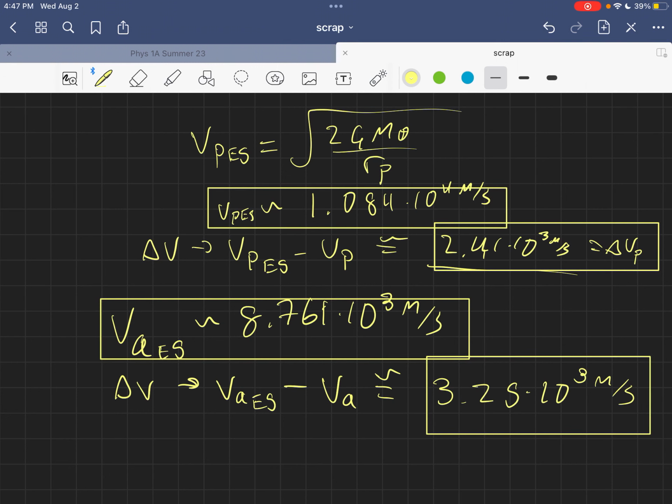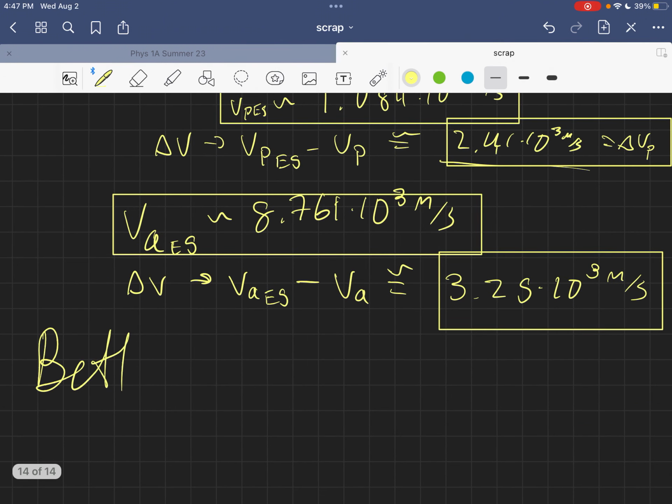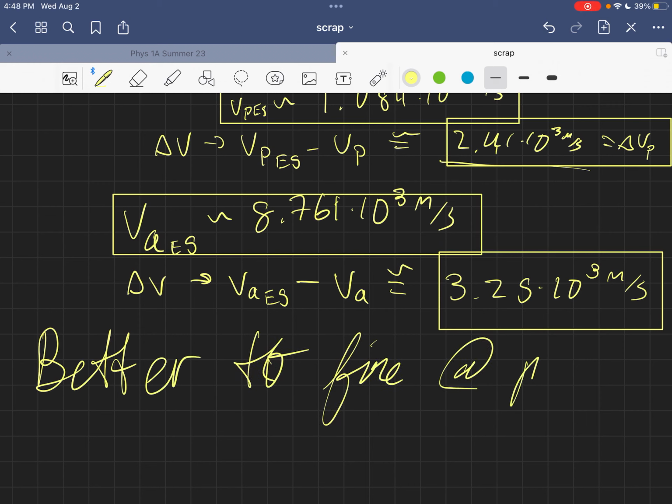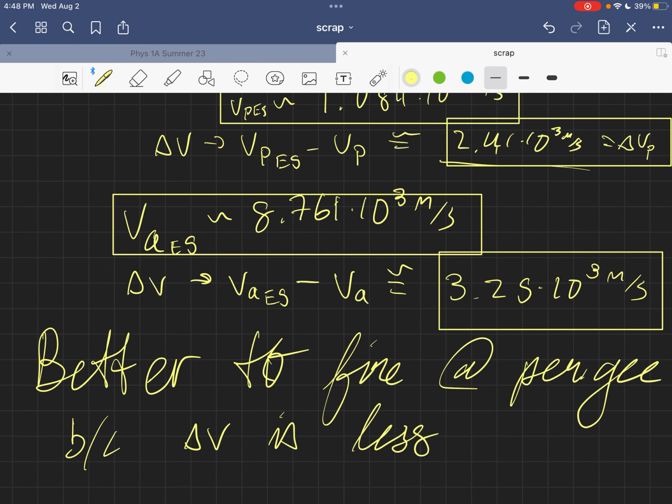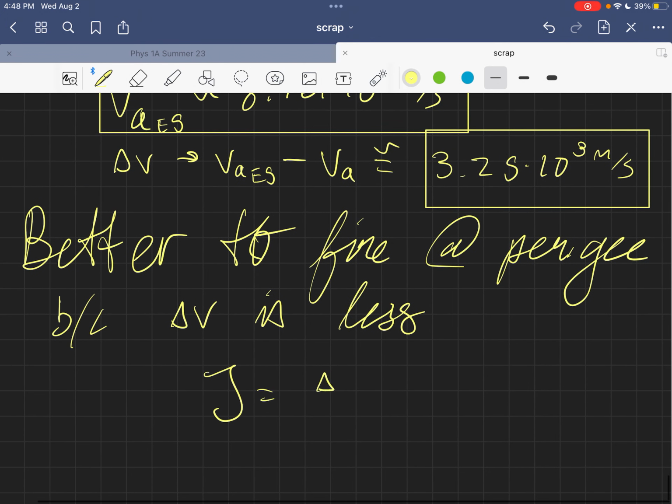All right, so we need a higher escape velocity, and we need more delta V. So that means that it's better to fire your rockets at perigee because we need less delta V. So we have to impart less impulse, because remember, your impulse J was your delta P, your change of momentum, which is m delta V. So we have to put less force over time to do that.